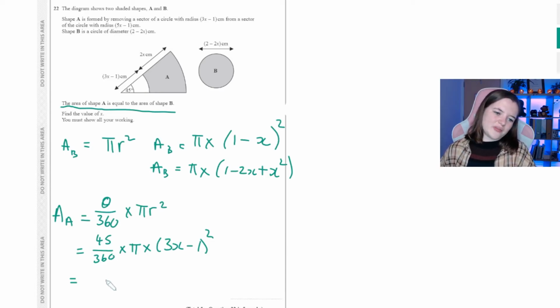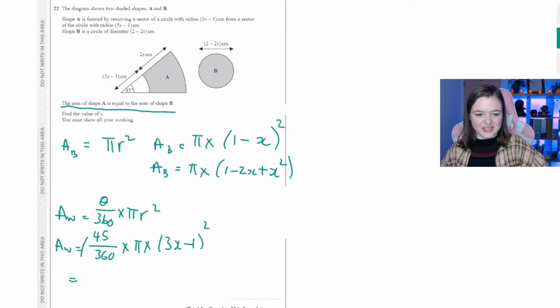That goes in a full number of times, doesn't it? It does go into it 8 times, so it's going to be 1/8 times pi times this squared. A little trick familiar. We've got this one squared, which is 9x squared. Times them together, minus 3x, double it, minus 6x. Square this one, which is plus 1. Okie dokie, so that's all of that.